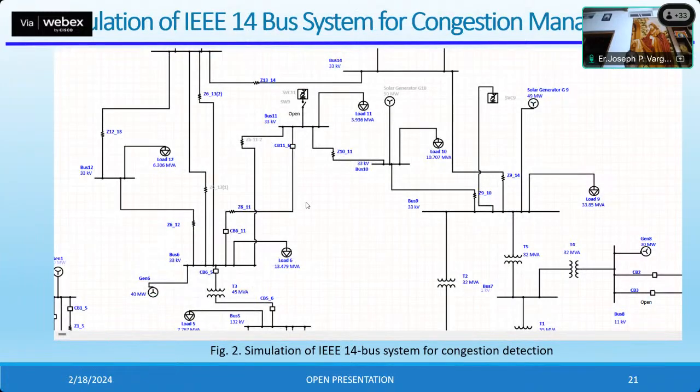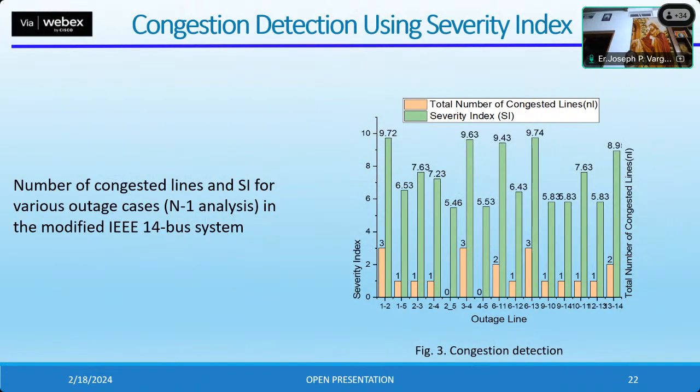Now, this is the ETAP platform, and we conducted the simulation here. And this is congestion detection using the severity index. As I told before, we have to conduct N-1 contingency analysis. What is N-1 contingency analysis?